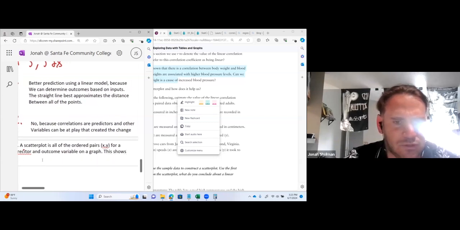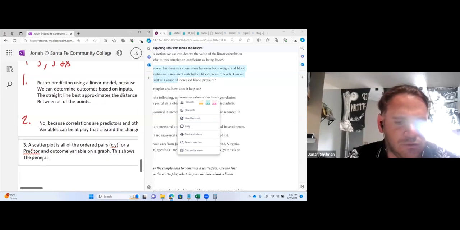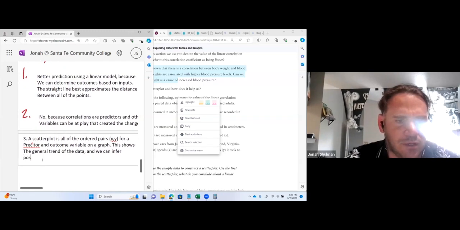This shows the general trend of the data, and we can infer positive, negative, or no correlation. Nice.